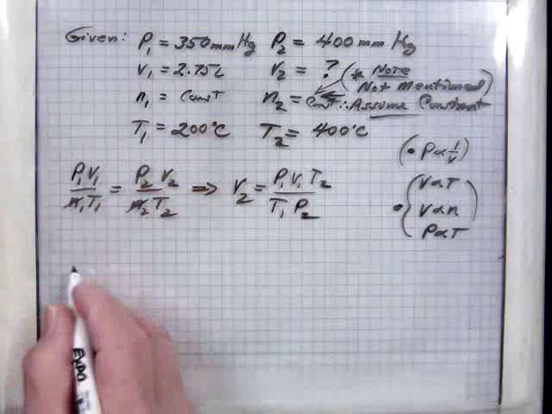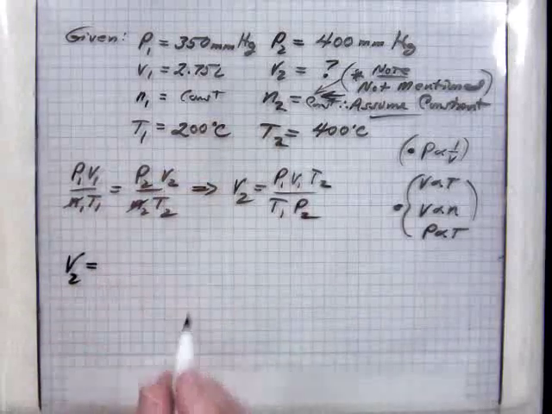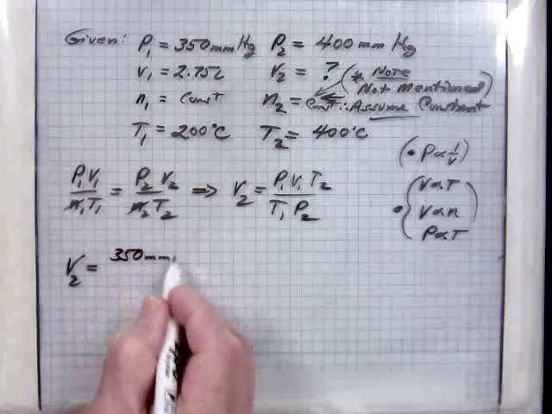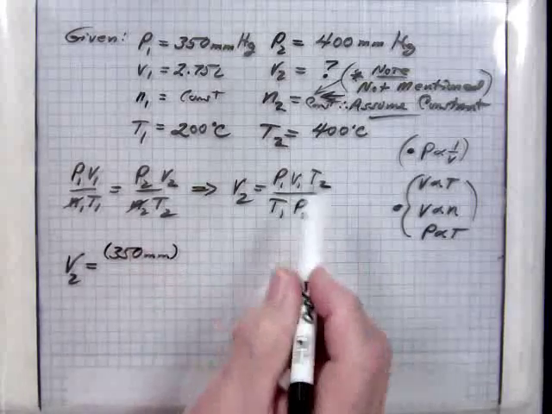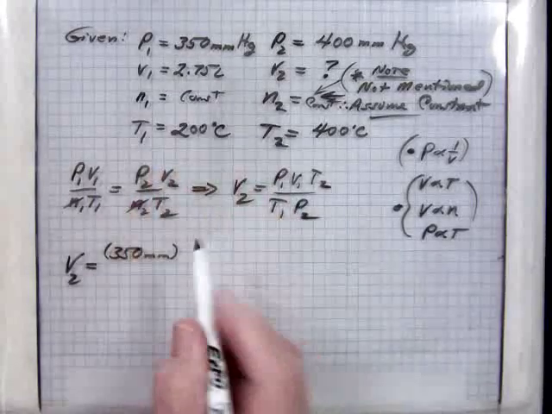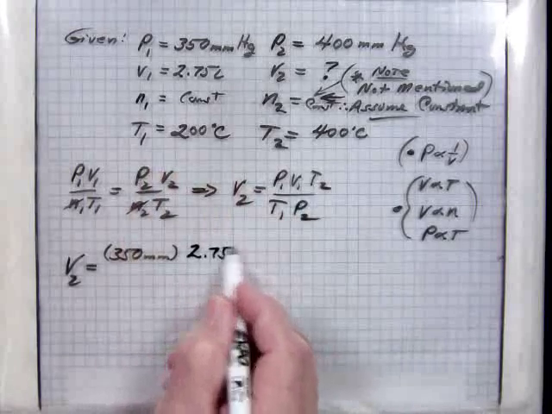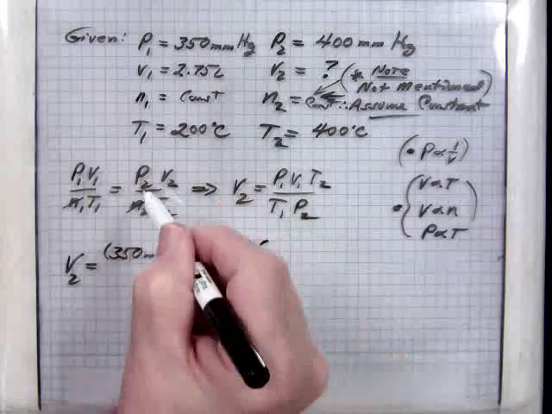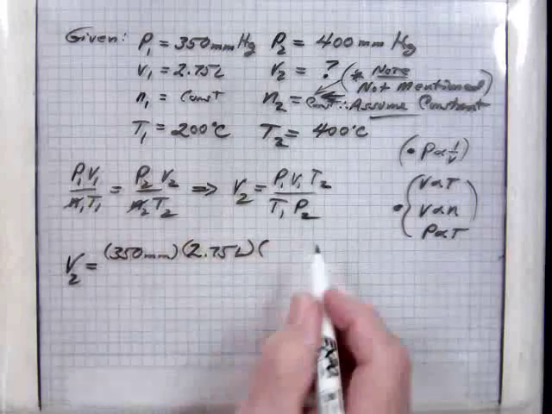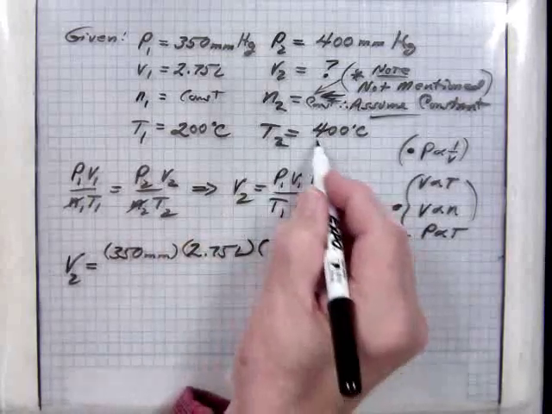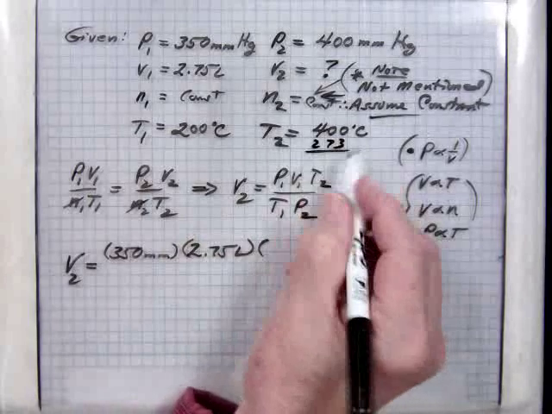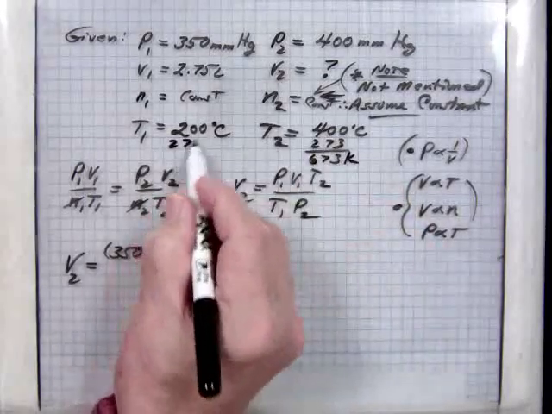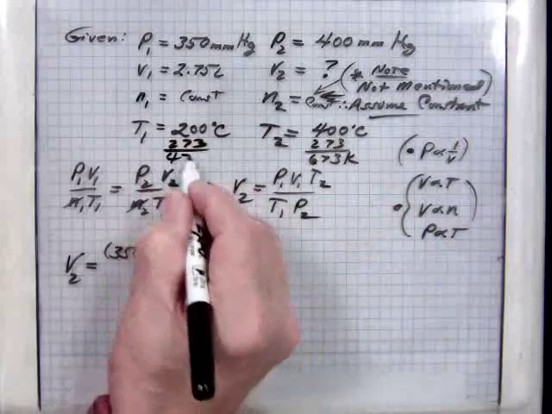So we'll do that. V2 equals P1, which is 350 millimeters. V1 is 2.75 liters. What was I looking for next? T2 is 400. We want to go to Kelvin, so I'll put that in, 673 Kelvin, and 200 goes to 473 Kelvin.